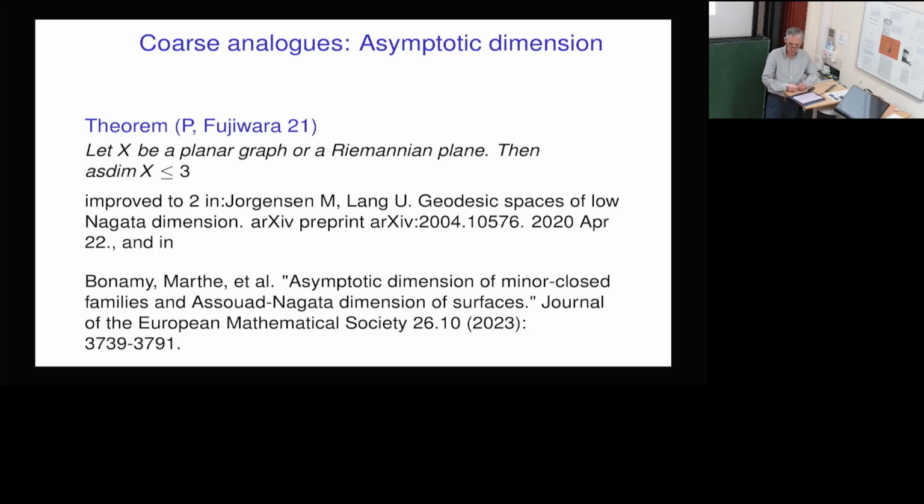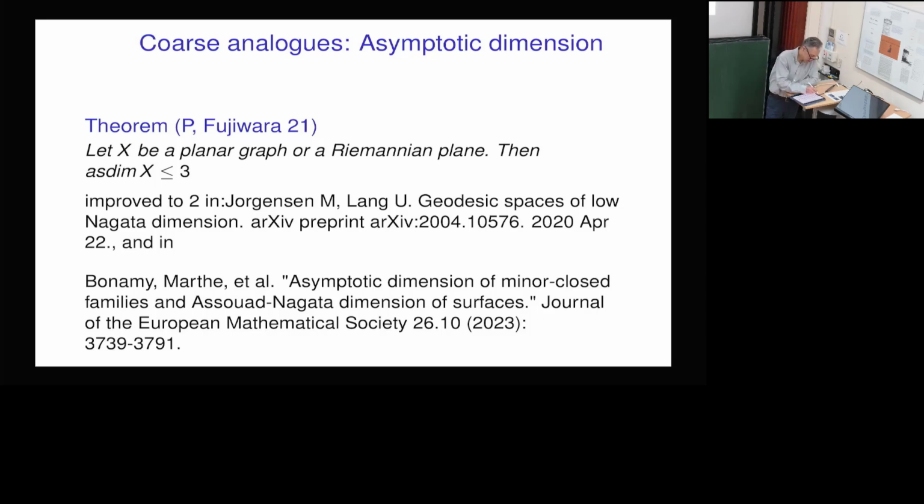I don't know how to prove this without the 500 pages of Seymour and Thomas. It's a very geometric theorem, so we should know how to prove it, but I don't know a geometric proof that we could understand. The proof is long and technical. But what's the statement? The statement is that the asymptotic dimension is the same.